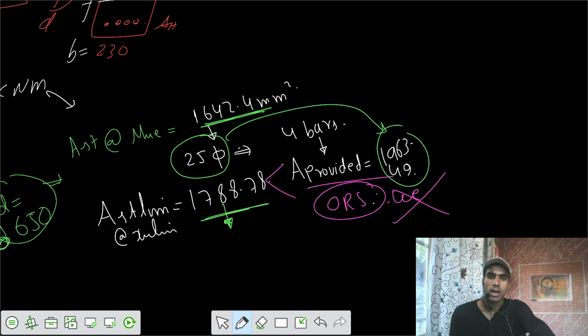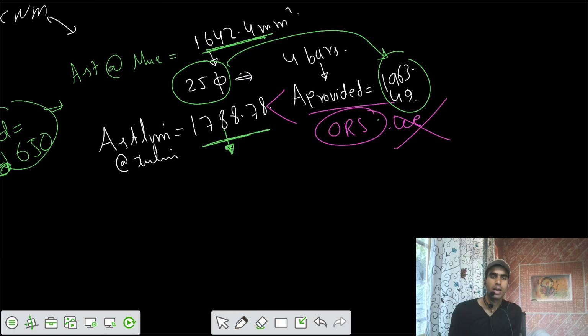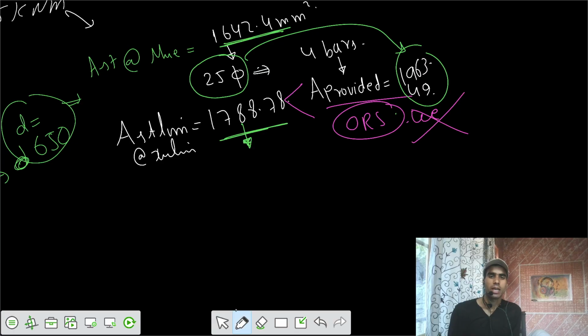Now if I take bars such that my area is lesser than 1788 and more than 1642, I have to adjust to that.